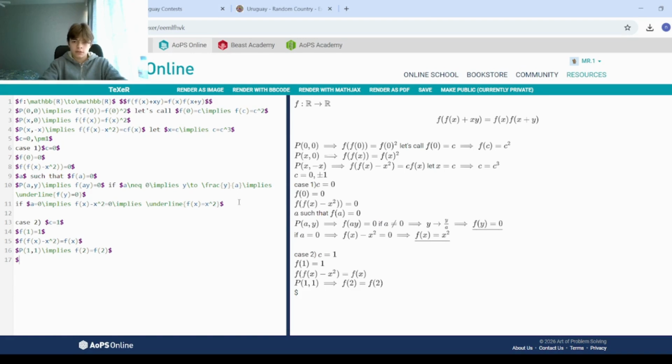We can try like, okay, it's interesting. If f(-1) is equal to 1, then this is minus x.